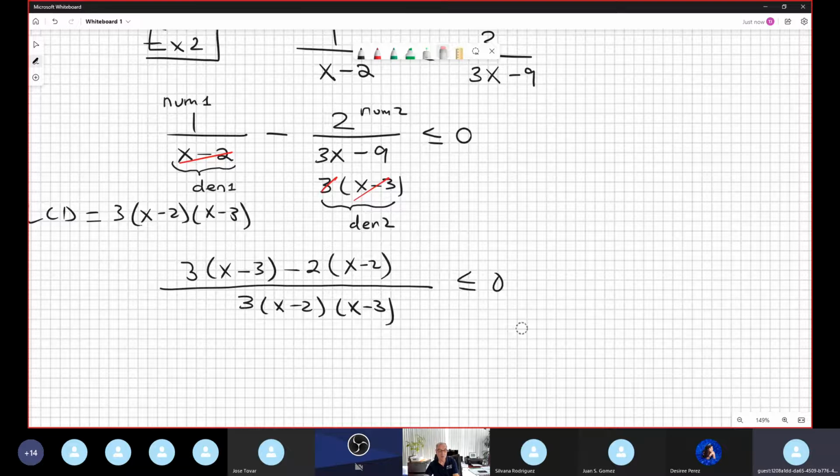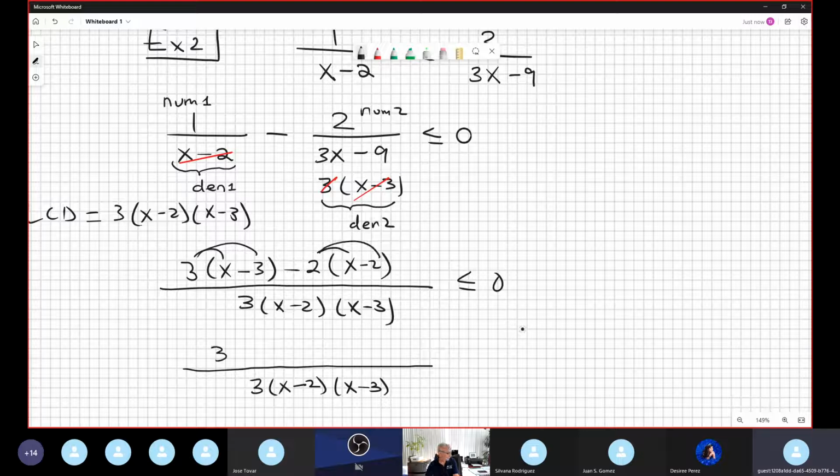Does everyone follow me in the elementary algebra? I finished, yeah, okay, perfect. Now I copy it up. Of course, I apply the distributive property: multiply this and this, this and this.